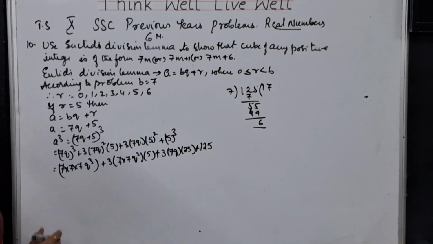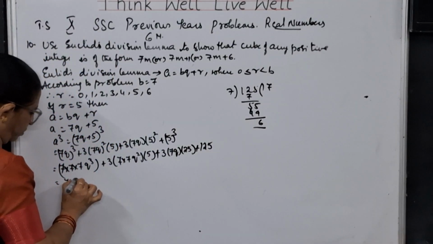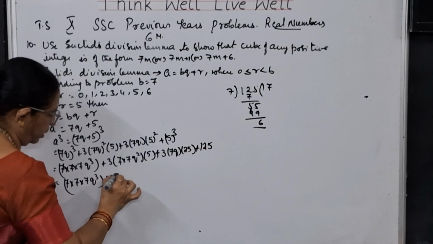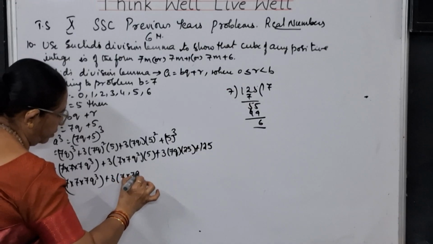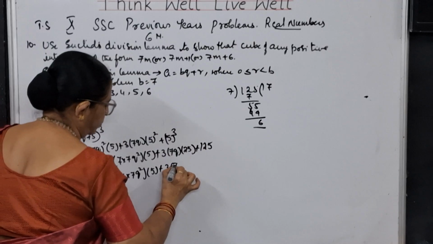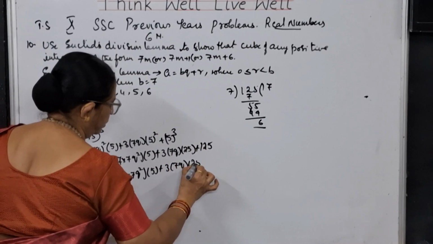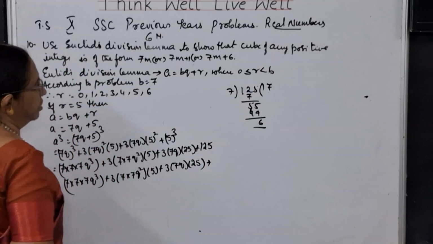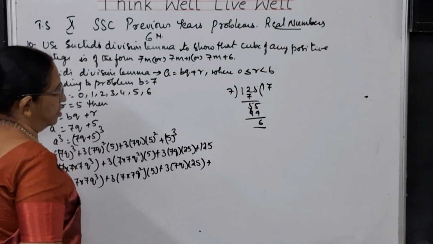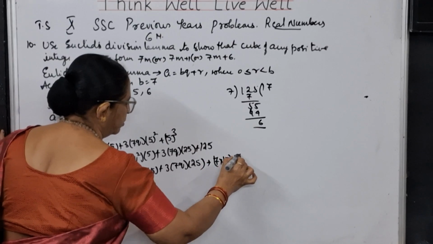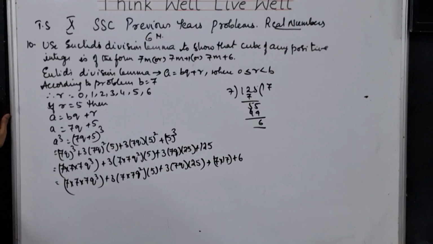So what you can write here? 7 into 7 into 7q cube plus 3 into 7 into 7q square into 5 plus 3 into 7q into 25 plus 125 can be written as 7 into 17 plus 6. 7 17s are 119.